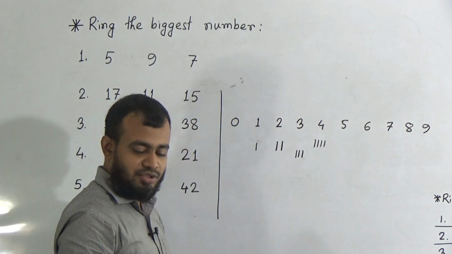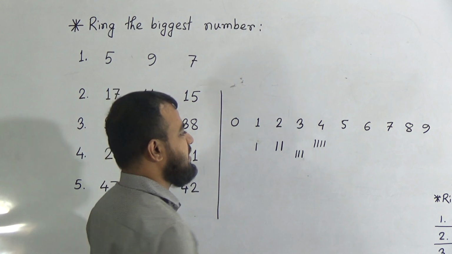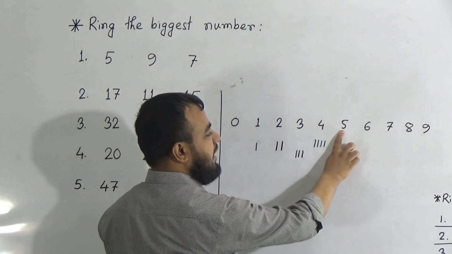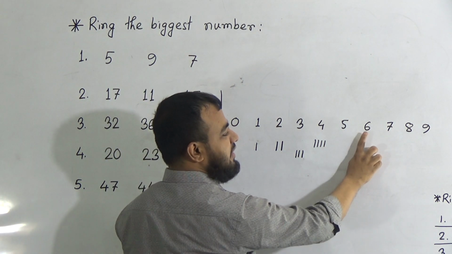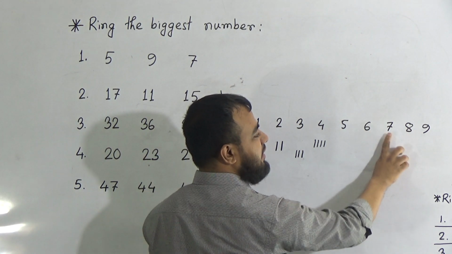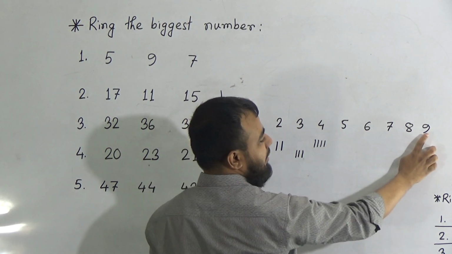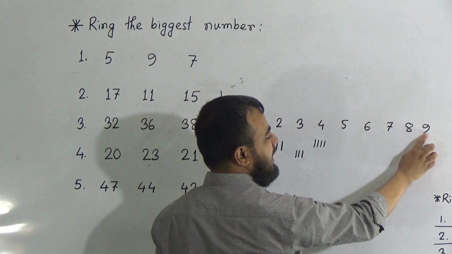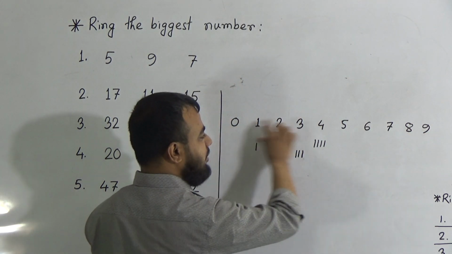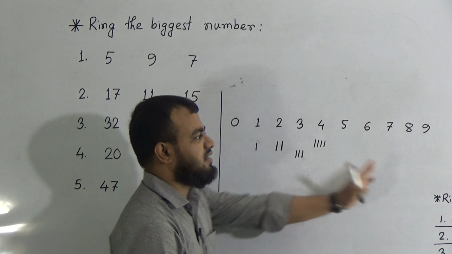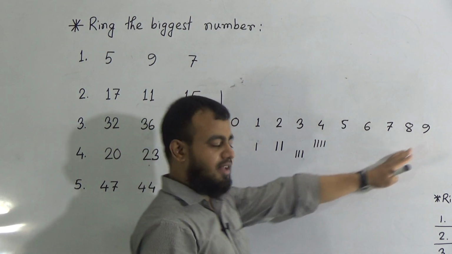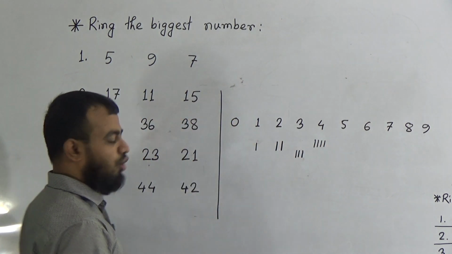I think you have understood. Like this, we can say that 6 is bigger than 5, 7 is bigger than 6, 8 is bigger than 7, and so on, and 9 is bigger than 8. Among these digits, 9 is the biggest number, and 0 is the smallest one.